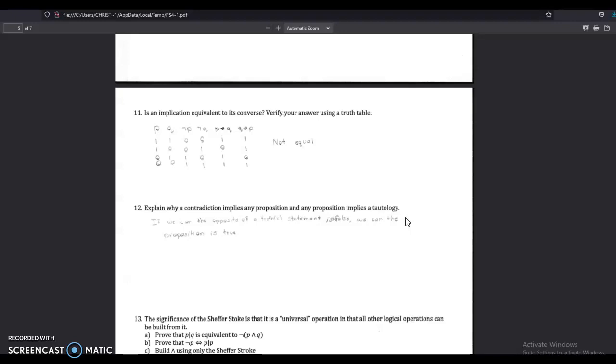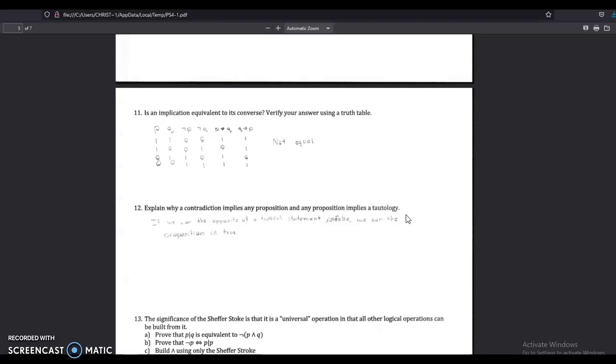And then our last one here: explain why a contradiction implies any proposition and any proposition implies a tautology. So I said that if the opposite of a true statement is false, we can say the proposition is true. Which is true.